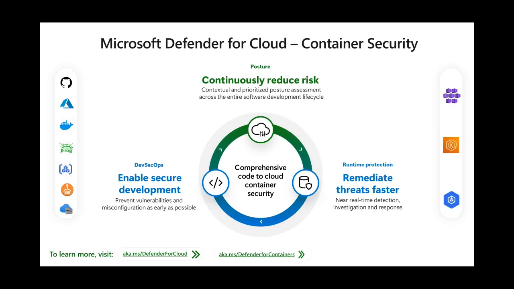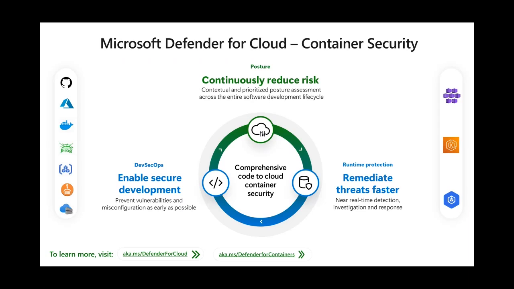So being able to generate near real-time detections, which includes agentless detections and agent-based detections as well. And we also have a lot of cool capabilities that we released, which relate to the investigation and response part that we'll cover later on in this webinar.